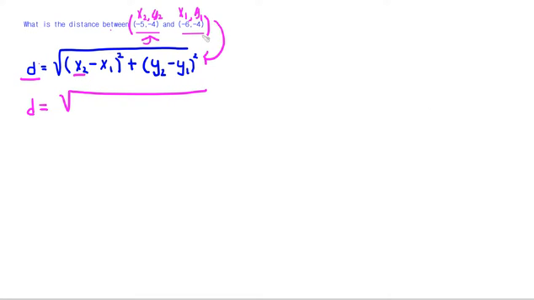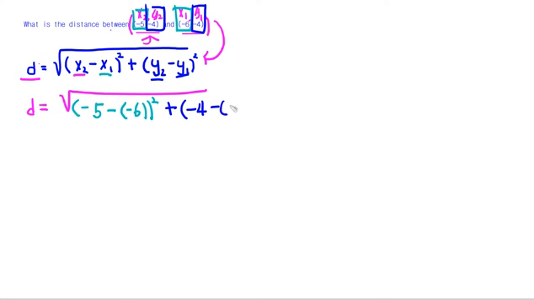Well, the x2 value is negative 5, so we write negative 5 minus, what is the value of x1? x1 is negative 6, so we write negative 6, and all of that squared, and then plus the y2, which is negative 4 in this case. So negative 4 minus, what is the value of y1? It is negative 4. So you're going to have negative 4, all of that squared.